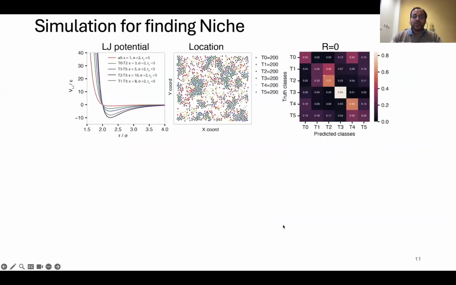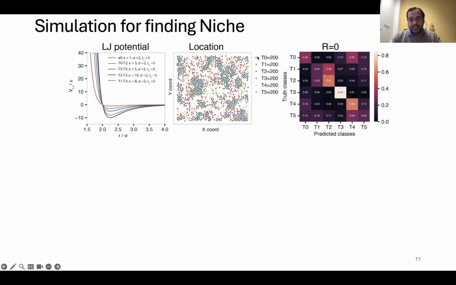But we also wanted to test on simulated data how well it predicts the niche from the neighborhood. So here I did a very simple molecular dynamics simulation.